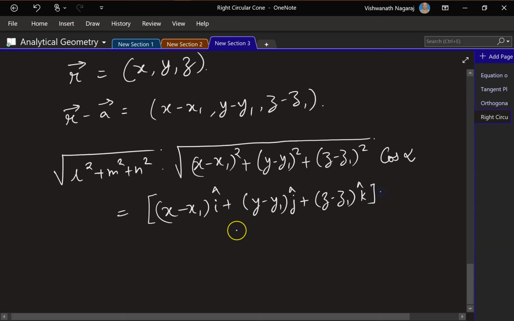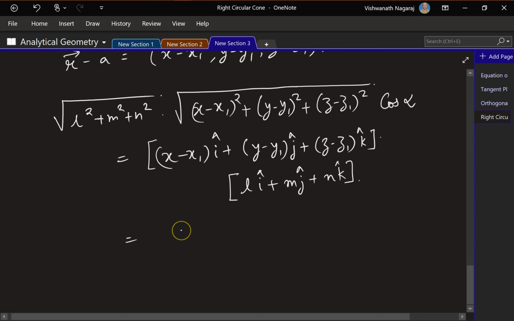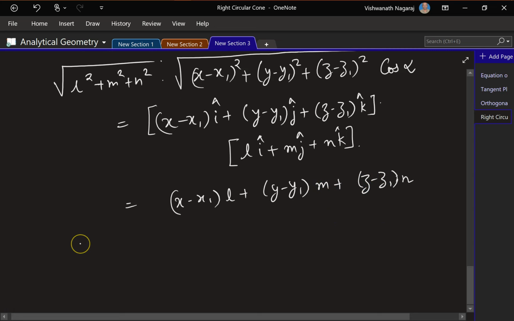Vector beta would be li plus mj plus nk. If we simplify this dot product, we get (x minus x1) L plus (y minus y1) m plus (z minus z1) n. What we want to do is remove the square roots.